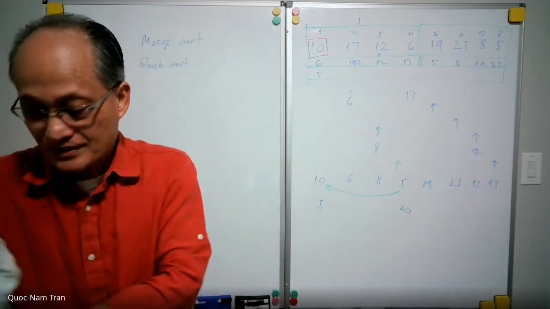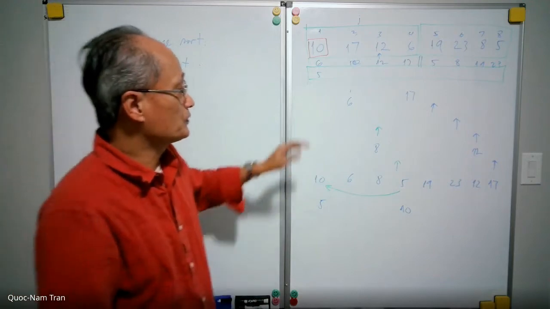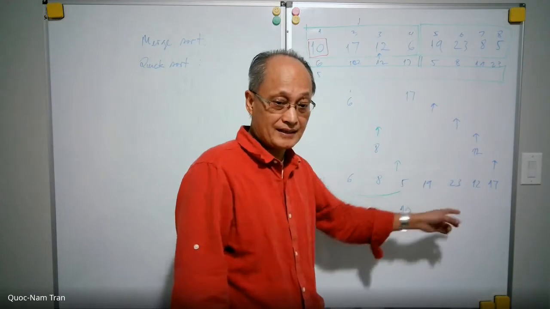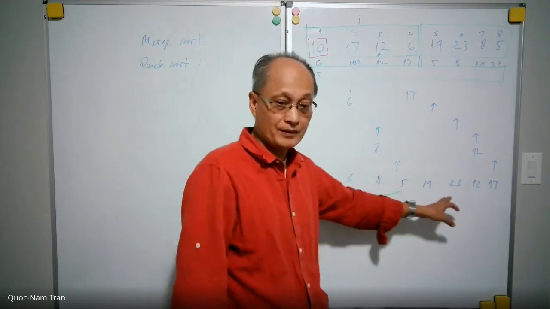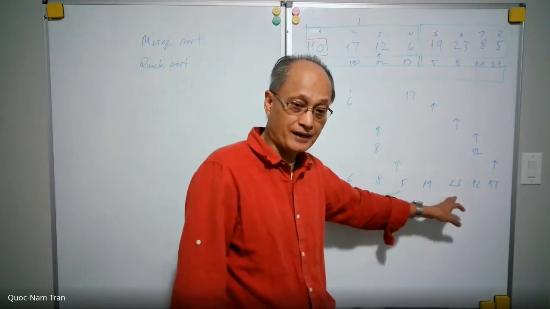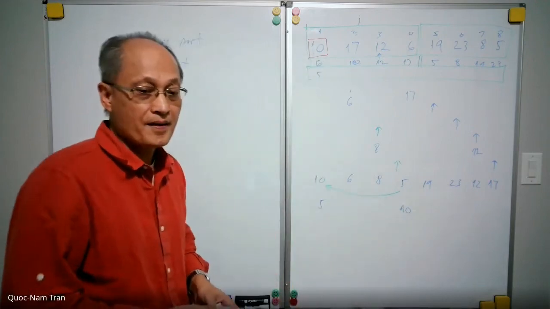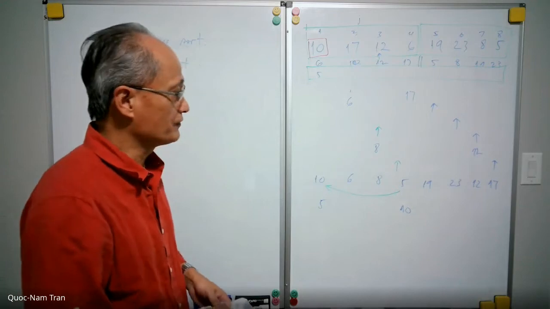Remember that for the quicksort, we would have to partition the array into two parts and then apply the quicksort for the left and apply the quicksort for the right. So what is the worst case situation for quicksort?